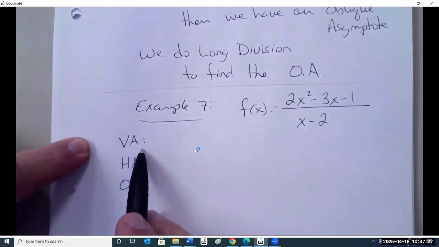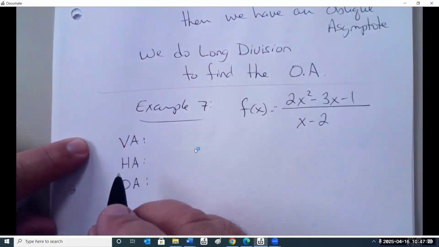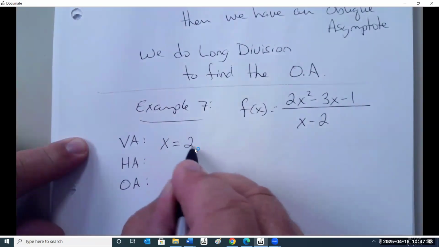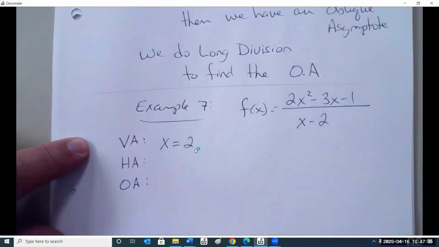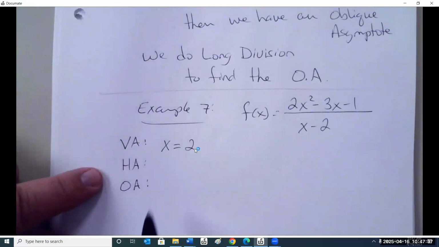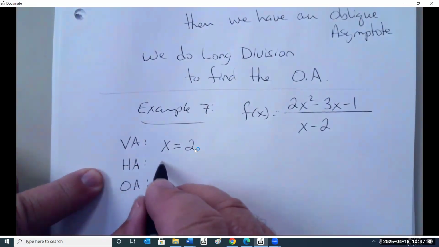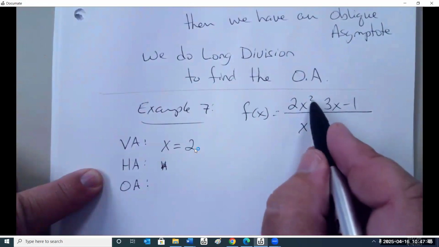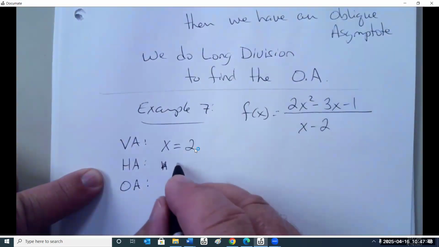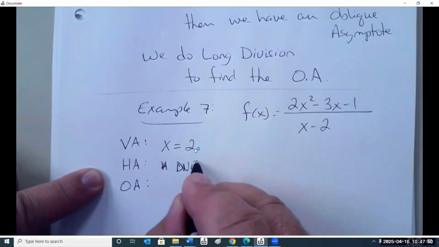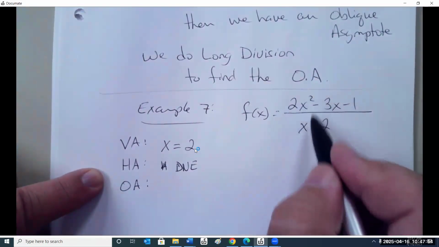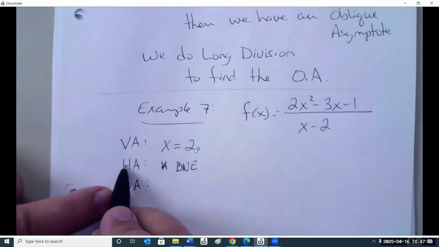So what's the vertical asymptote? X equals 2, so the bottom equals 0. How about the horizontal asymptote? Since it's bigger on the top than the bottom, that doesn't exist. Remember, anytime there's more on top than the bottom, the horizontal doesn't exist.